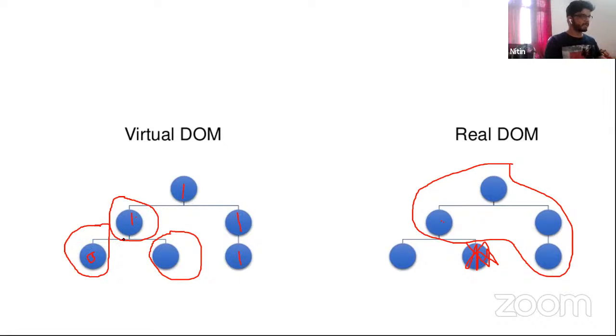So it will make a difference check, like what changes happened in the virtual DOM compared to what was in the real DOM. If both are the same, it will not change anything, which was the case for this component, because it was the same here and here. But if something changes here and previously it was different there, it will reflect whatever is in the virtual DOM in the real DOM. But only this component will be changed, not any other component.